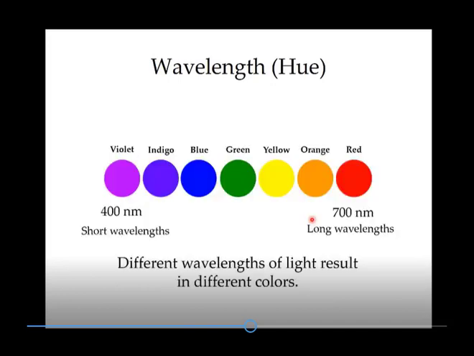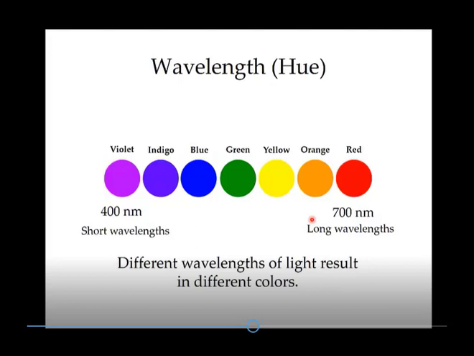So one more time, towards the 400 nanometers, you're going to see purples and blues. Towards the 700 nanometers, you're going to see oranges and reds. And you're going to be able to detect everything in between for the most part. So again, wavelength gives us the experience of hue, which is the fancy word for color.